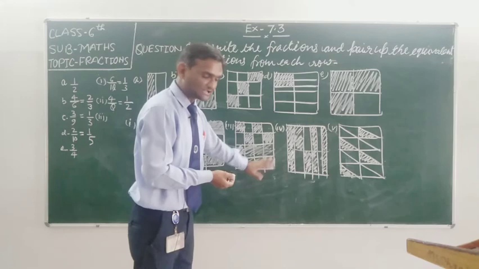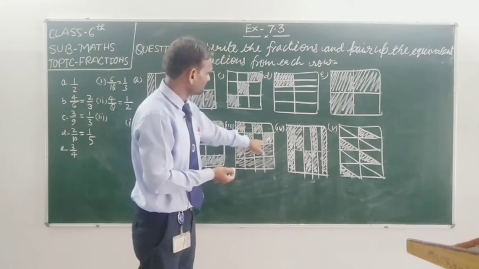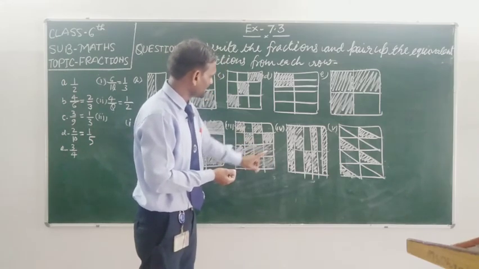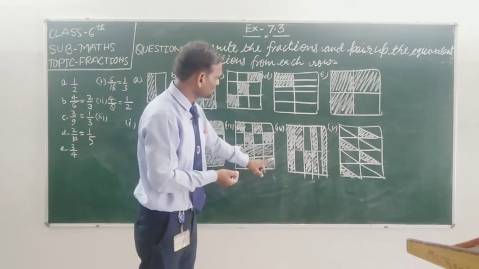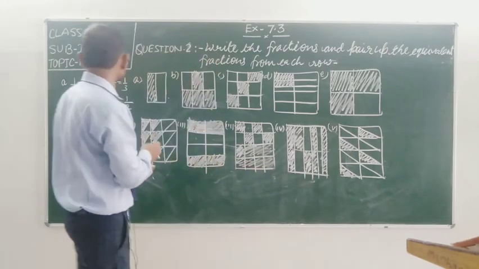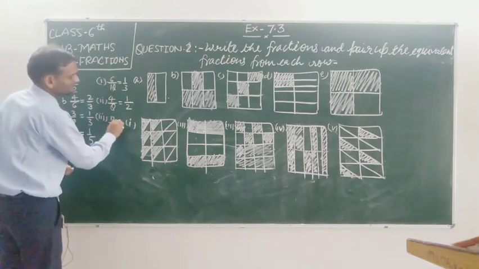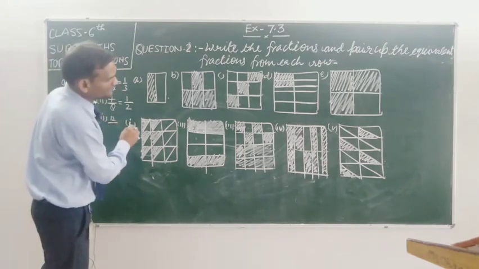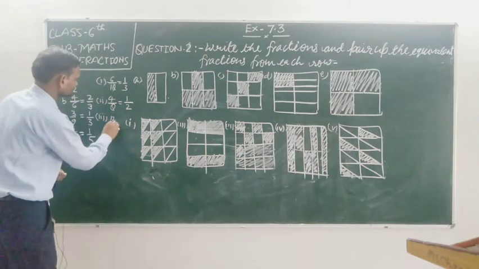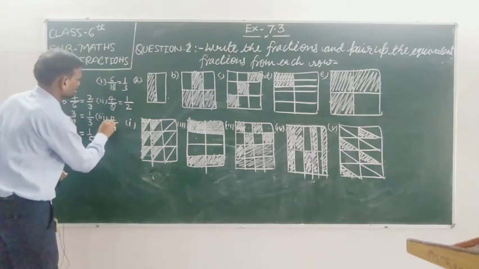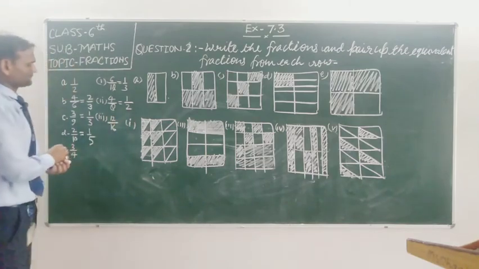And out of 16 parts, 1, 2, 3, 4, 5, 6, 7, 8, 9, 10, 11, 12. 12 parts are shaded. So we write the fraction 12 upon 16.